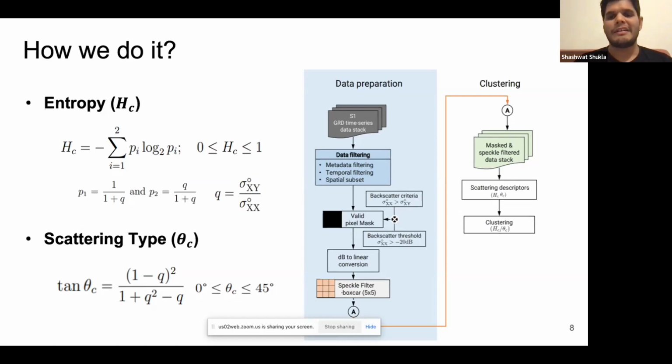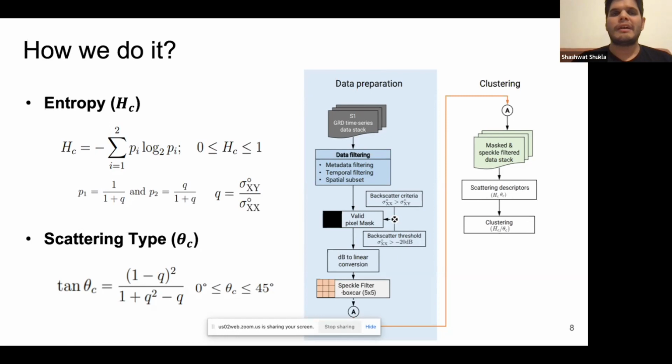The second condition is that the cross-pol shouldn't be greater than the copol, because when this happens, then according to the Cloude condition, it is unstable because of the SAR system. After this valid mask, we convert dB into linear, and then we apply a speckle filter in order to despeckle the data, followed by a clustering algorithm using these two scattering descriptors, namely entropy and scattering type, and that's how we get the result.